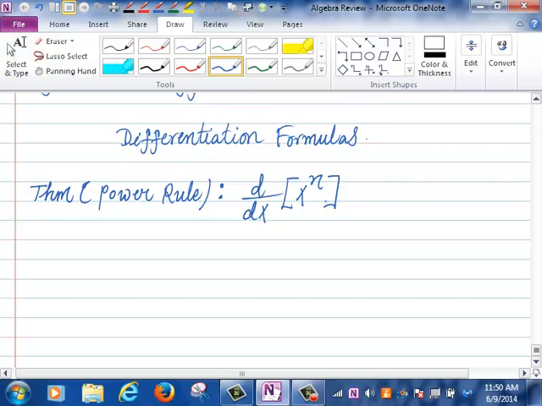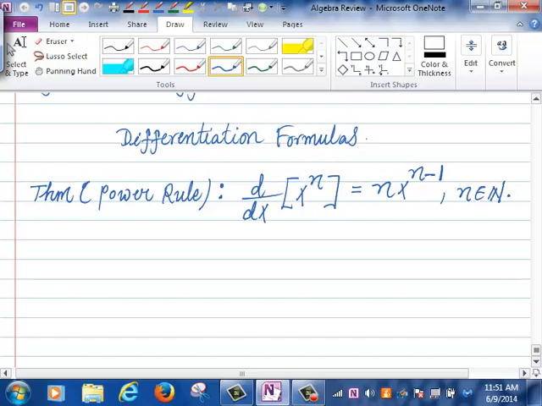And the formula for this is n times x to the n minus 1. Here I'm assuming that n is a positive integer, okay?